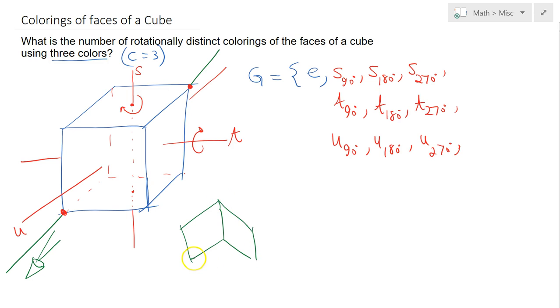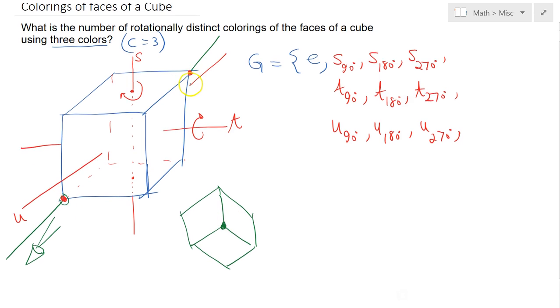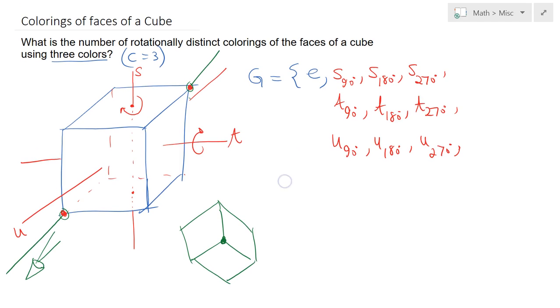As a result, I realize that from each of these space diagonals, let's call this one V, there are two variations. I can rotate it 120 degrees, or I can rotate it 240 degrees. So we would have V of 120 and V of 240 degrees.